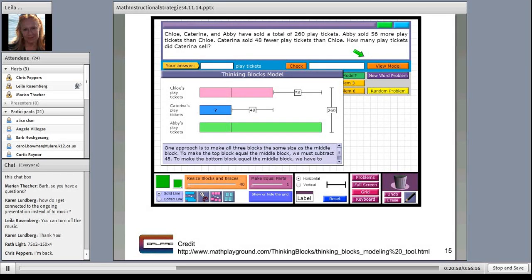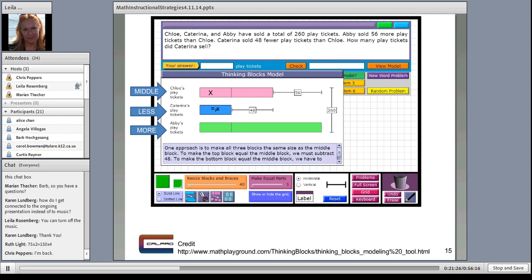So from what you understand here, Katerina is the one who did the least amount. She sold the fewest tickets, Chloe did somewhere in the middle, and Abby sold more than everybody else. So usually in a question like this, we'll call X the person who sold the least, which was Katerina.